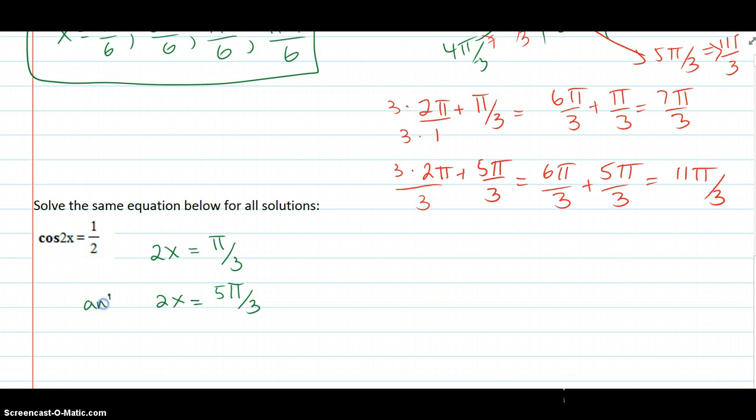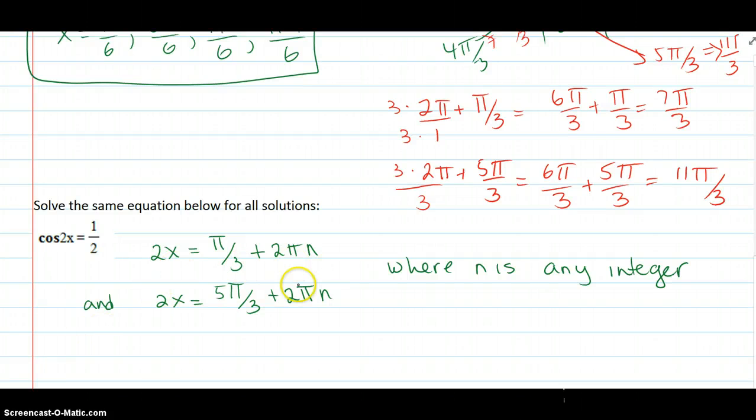Since this is now not limited to just 0 to 2 pi, we know that we added a 2 pi to get to these. So I'm going to say a 2 pi n, where n is any integer. You could say natural number as well, but it could be negative. You can add a 2 pi n to any situation, or you can subtract a 2 pi n.